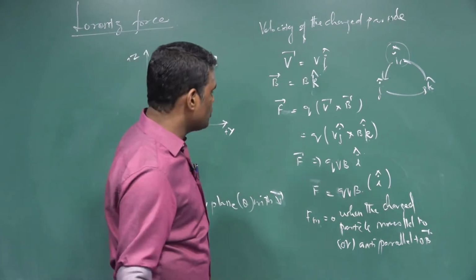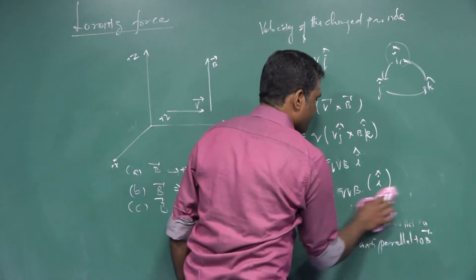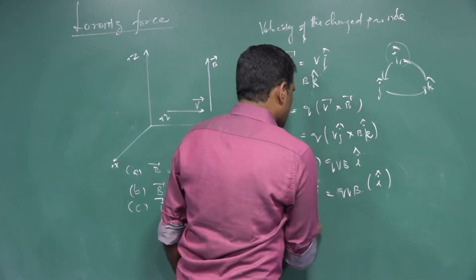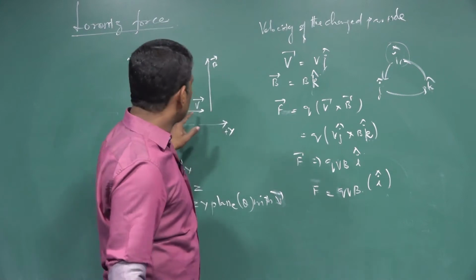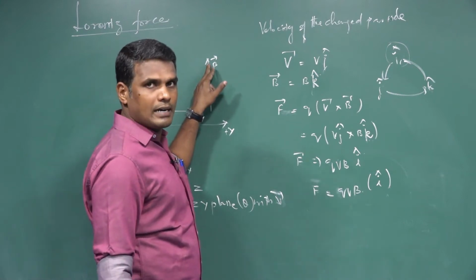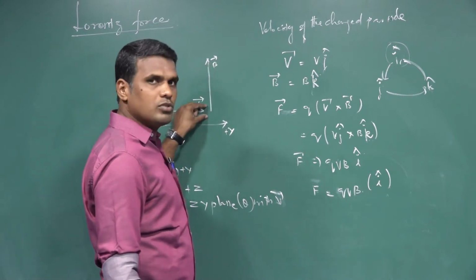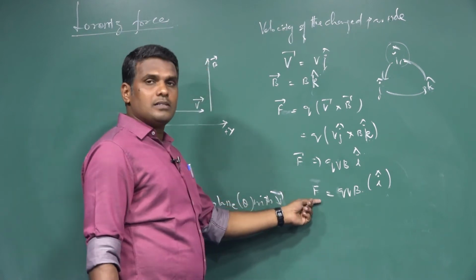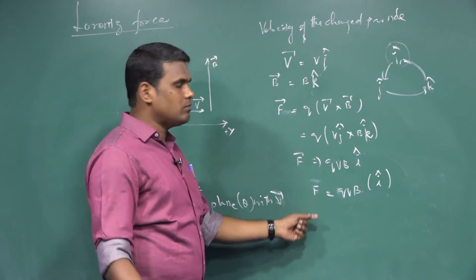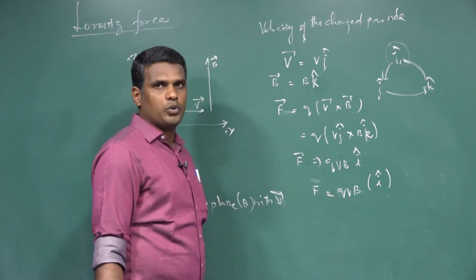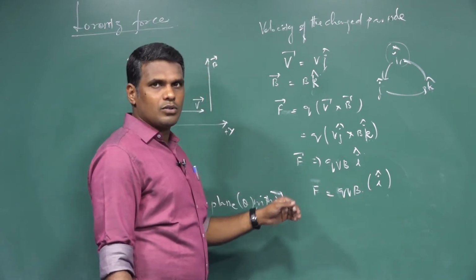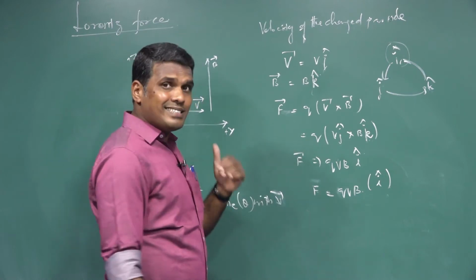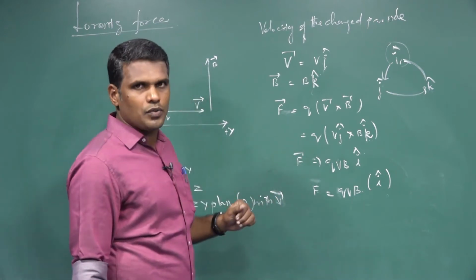So what is the conclusion to which you can arrive? When a charged particle moves perpendicular to a uniform magnetic field, the force experienced by the charged particle is maximum and is equal to BQV. What is the direction in which the magnetic Lorentz force acts?